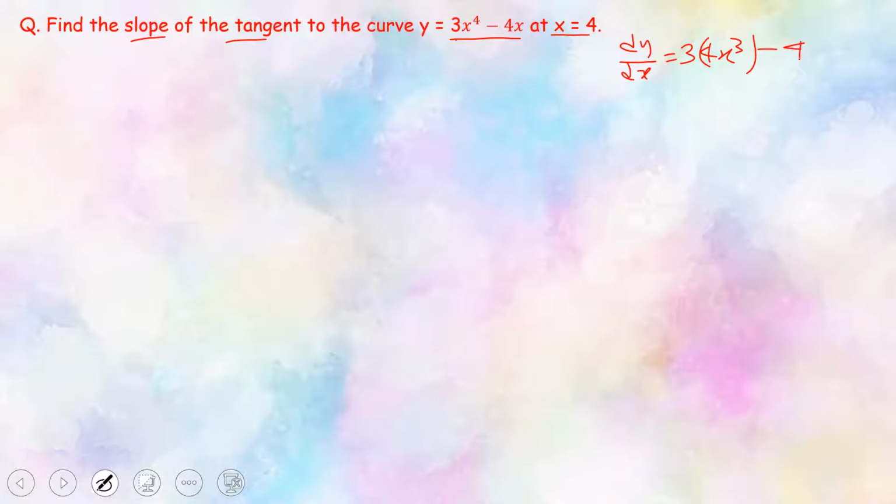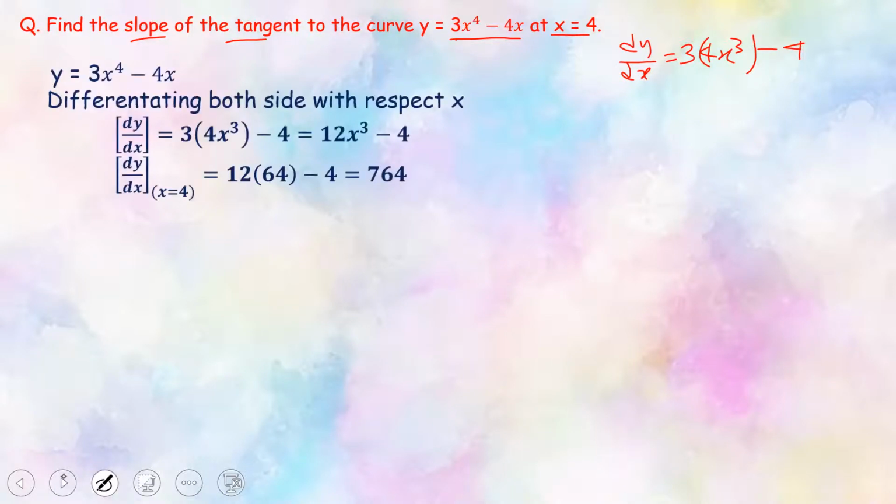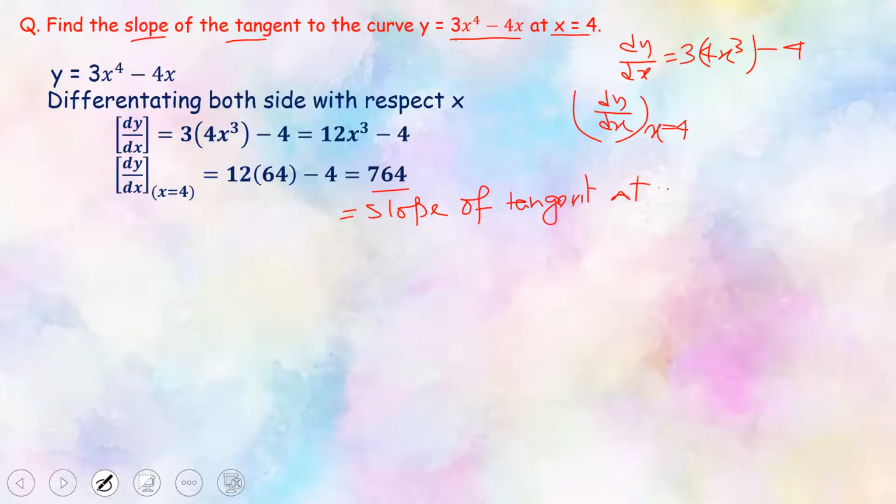So now put x is equal to 4 into this derivative, that is dy/dx for x is equal to 4. So the value is 764. So this is the slope of tangent at x is equal to 4.